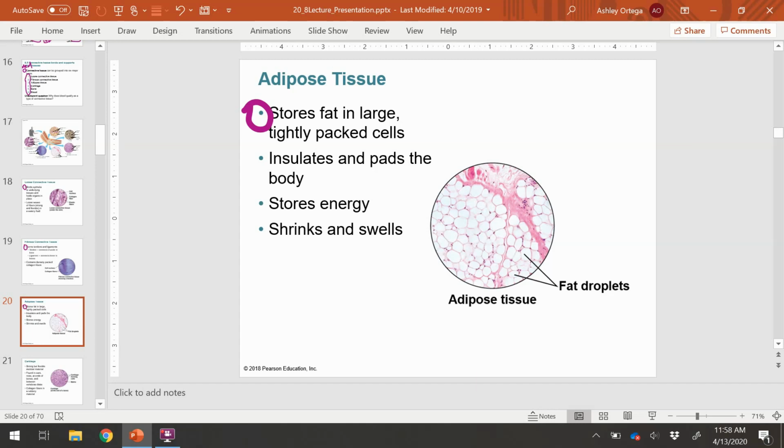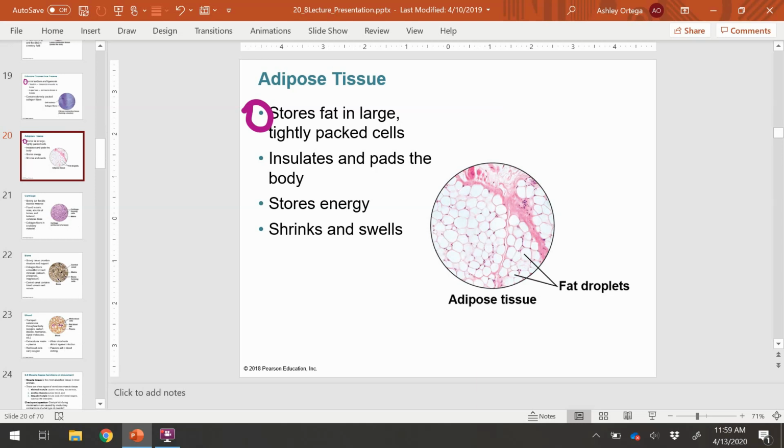Usually the cells will either shrink the amount of fat that they have in their cell or add more. And so they don't usually add more cells, they will add just more to that cell, which is interesting, which also makes it difficult to lose weight.